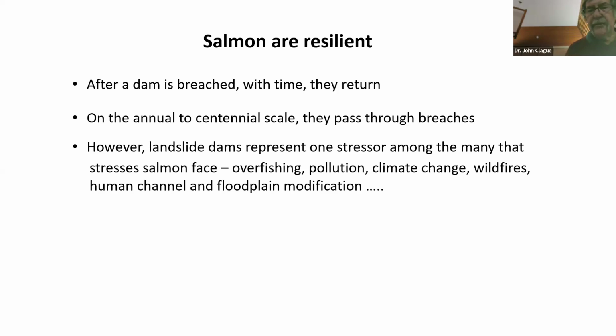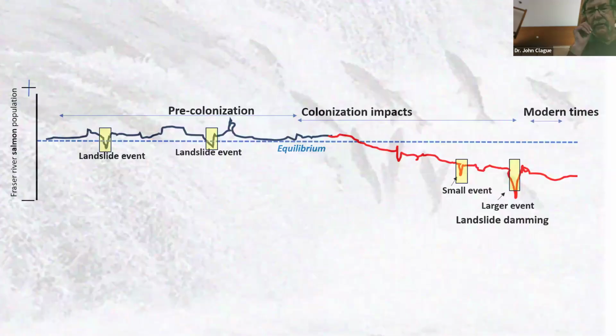So I got to thinking about this and tried to illustrate it in a very subjective way. There's no science here whatsoever. It's just my ideas. Prior to colonization, there were these temporary interruptions, as shown by the left side on this diagram. This is a time diagram going from the pre-colonial period right up to modern times.